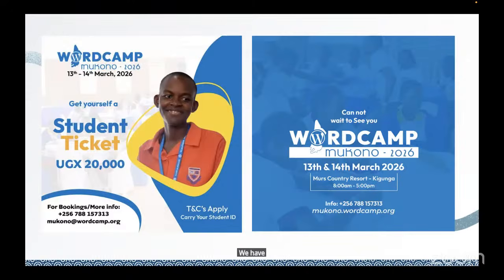We have to handle the assessment part of it, so let's be there. And above all, let's turn up for WordCamp Mukono this Friday. Let's be there and learn more about websites and the general WordPress community. Good night.